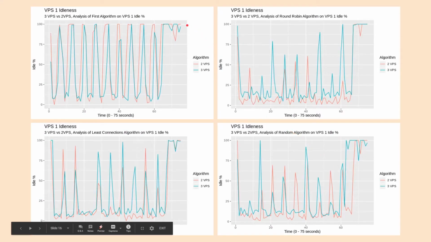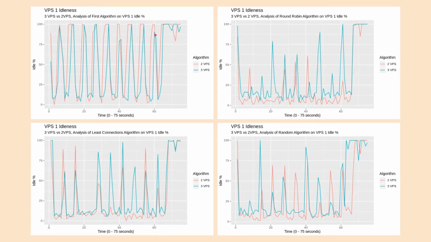However, latency isn't what's impressive. What's impressive is the idleness. While the first algorithm really doesn't have a huge difference at all between the 2 or 3, we can see there are bigger blue peaks in the 3 other algorithms: least connections, random, and round robin.